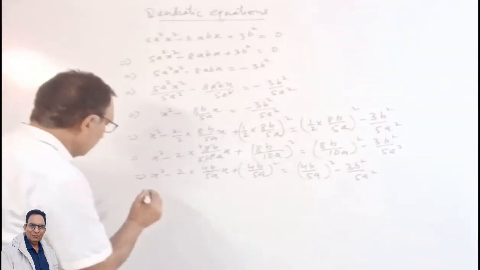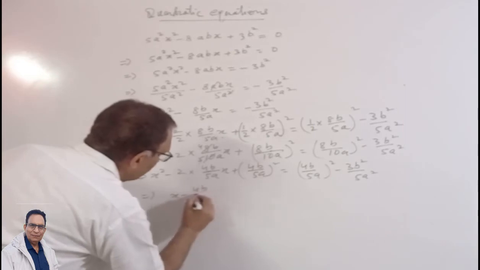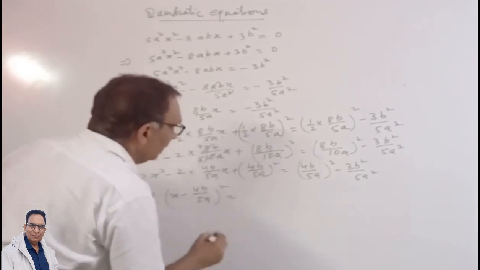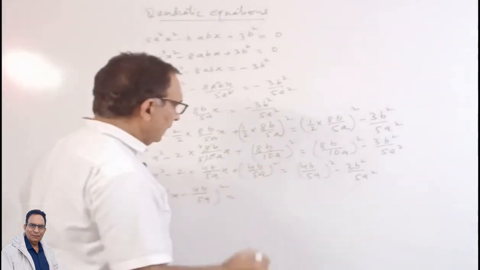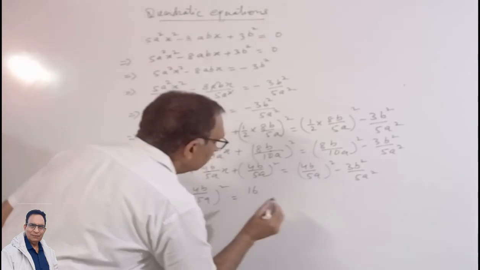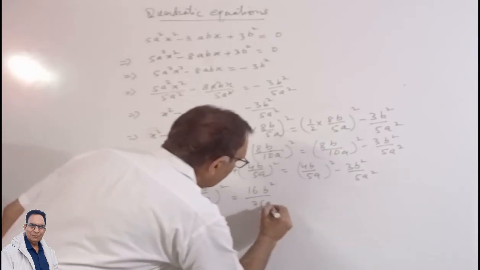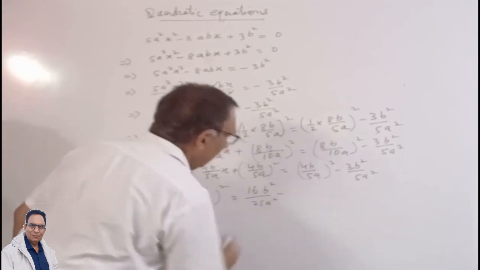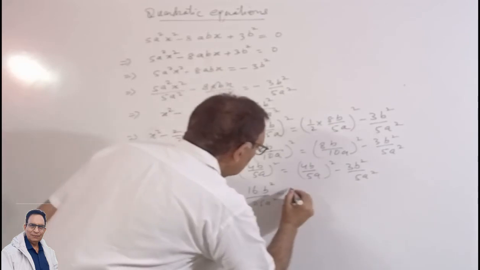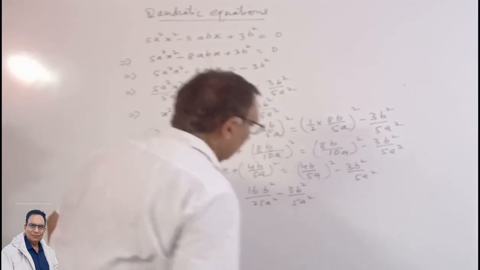So it becomes x minus 4b over 5a whole square is equal to, you can open the bracket here itself. This comes 16b square over 25a square minus 3b square over 5a square.